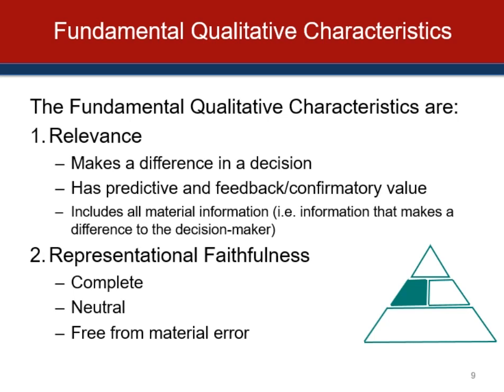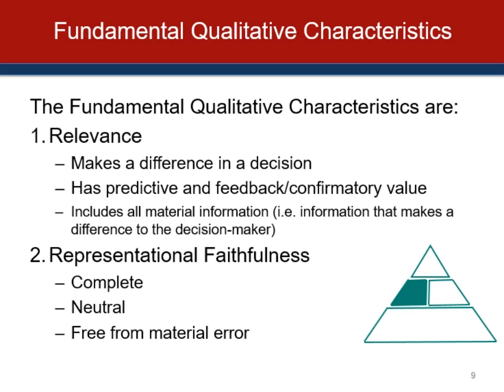So predictive value, predicting the future outcomes of the disclosing entity, the reporting entity, and confirmatory value is a confirmation of its past transactions, proper stewardship, and profitable operation, things like that. So relevance means that it has those characteristics.